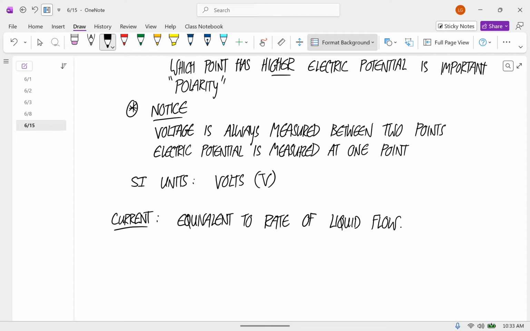So if you have a high current, you have a lot of electricity flowing. A low current, you have not much electricity flowing. And if you're trying to think about the danger of an electrical shock or something, what determines that is the current.